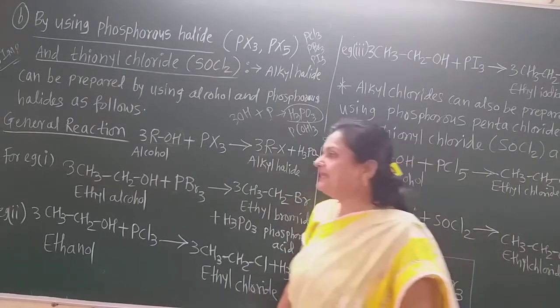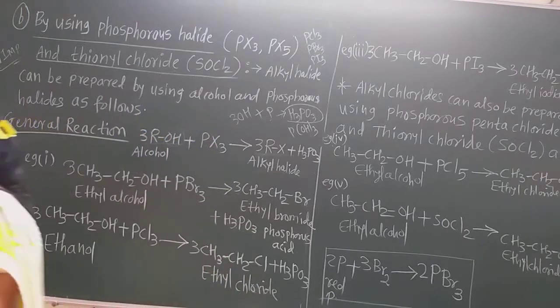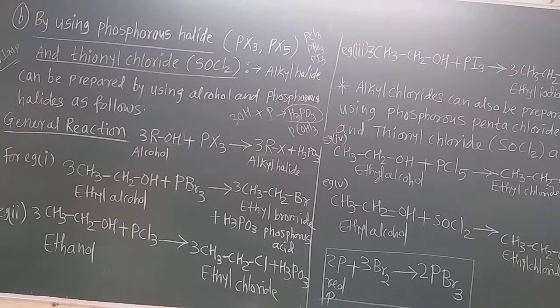Now the second example is similar to that. Here we take only phosphorus trichloride in place of phosphorus tribromide.